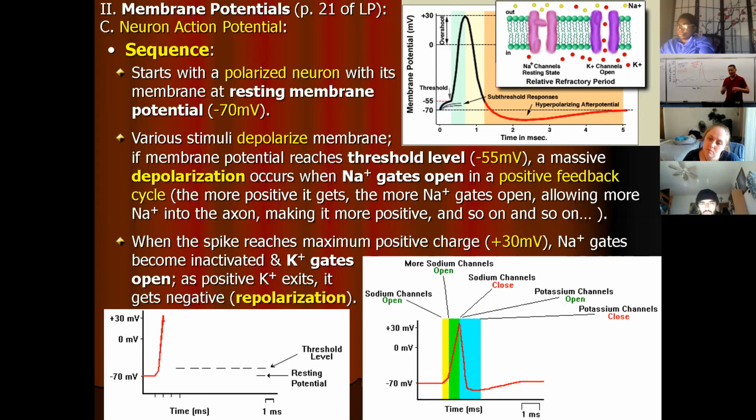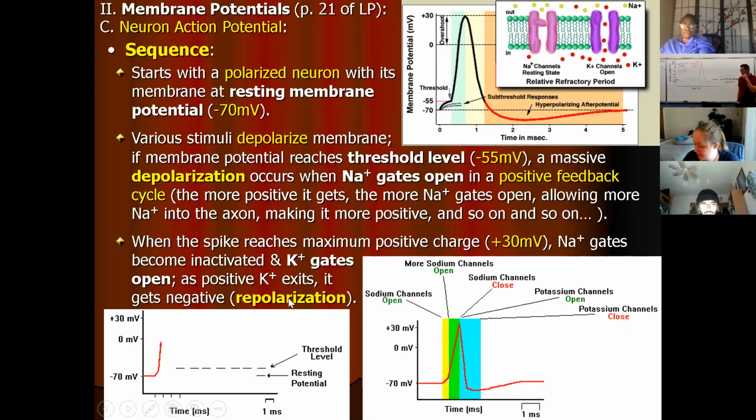That means it's got to go from inside the neuron to outside. If you lose positive ions, you get negative. You just got to think it through logically, algebraically. If you sucked at math, this is going to be more difficult. Add positive ions, it gets positive. Lose positive ions, it gets negative, and that's causing the red line. That is repolarization.